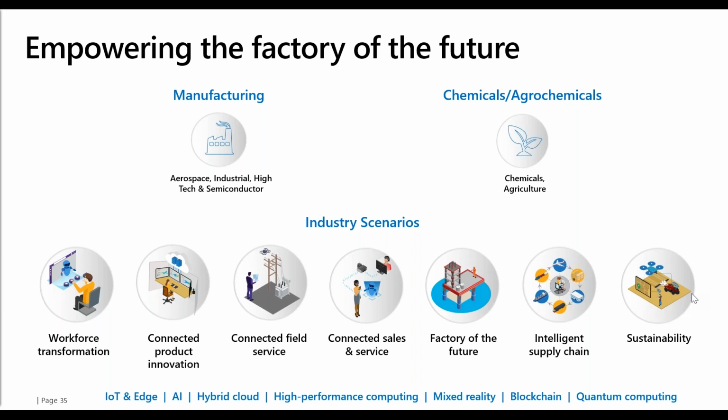So with connected product innovation, you can really get real-time insight. Think about getting real-time insights into which products and features customers are using without waiting for customer survey results, without waiting for sales to drop or sales to really take off. So you can think about it as getting real-time information to be able to foresee what is working, what is not working, how are people using the product or the machinery, the equipment.